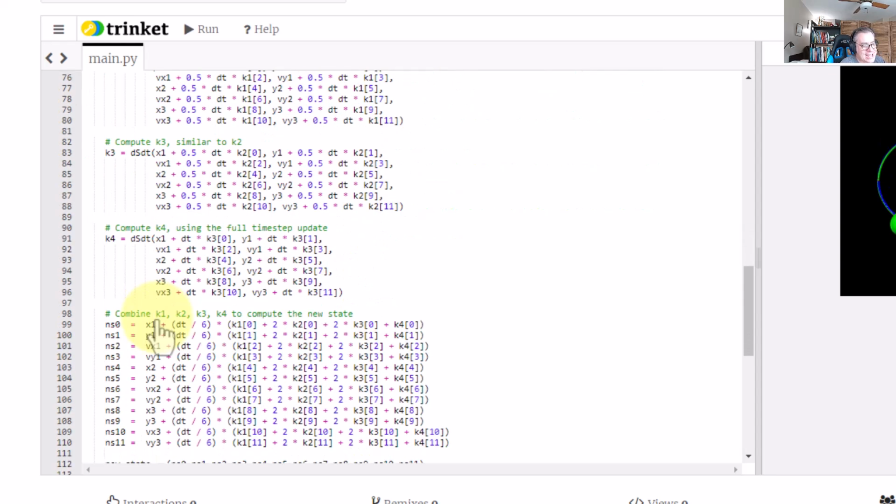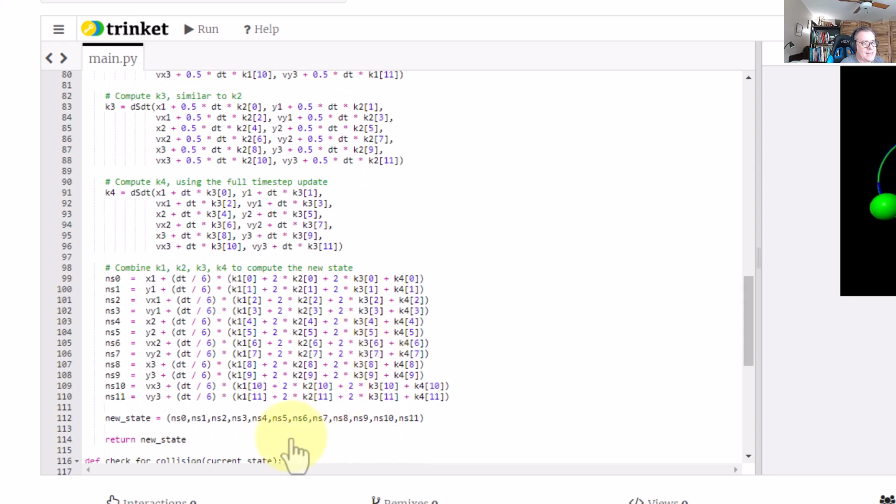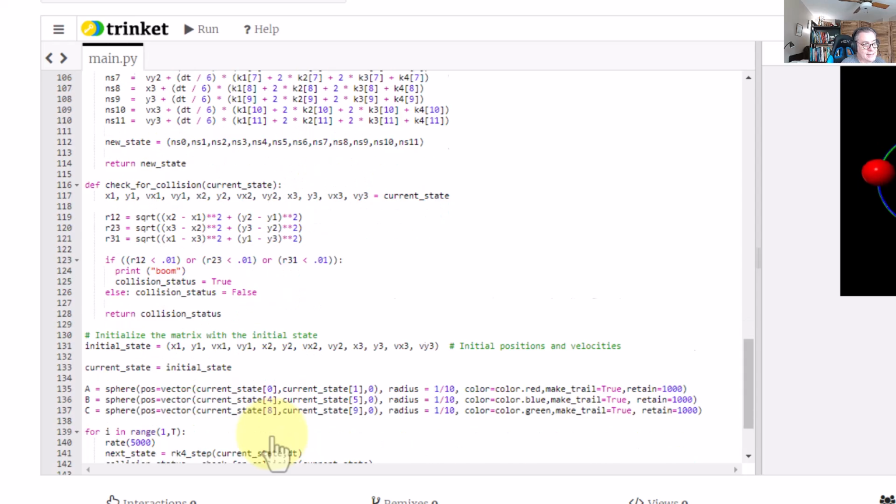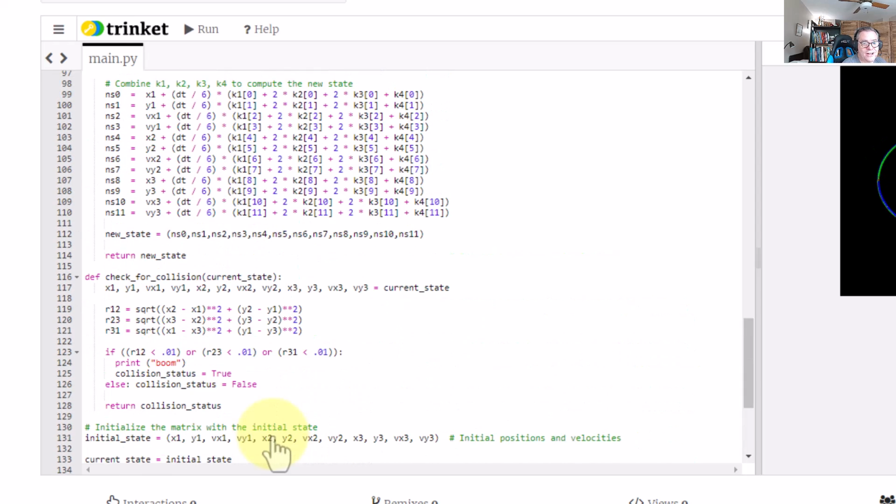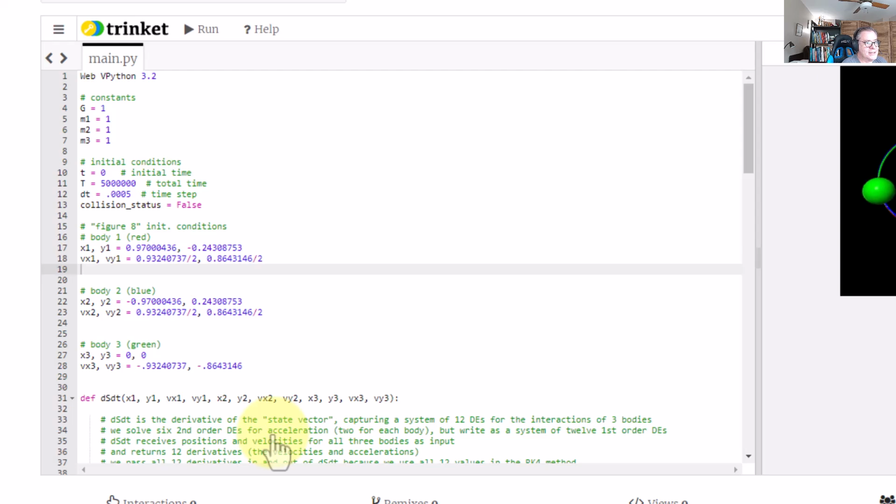And then it uses RK4 to update all of the state vectors using the weighted average that the standard RK4 does. And then it returns the new state, which is the new state vector with all the new positions and velocities. And that's generally all there is to it. That's how it works.